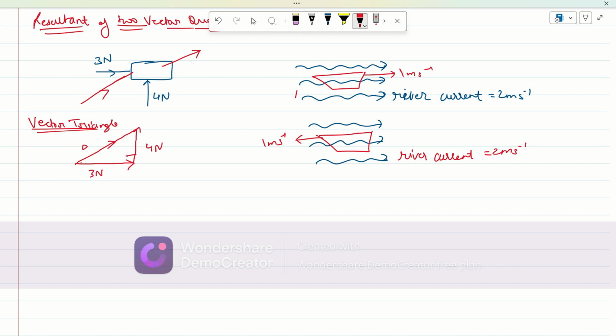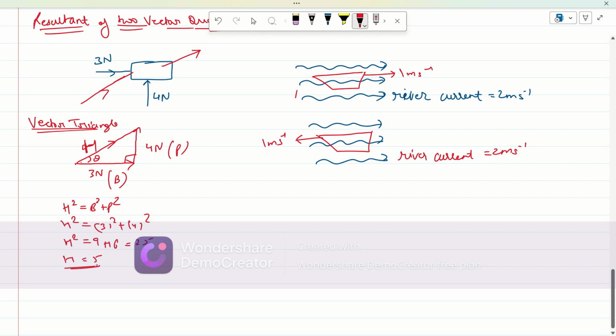You can see this is a right angle triangle, and if you take this angle as theta, this will act as the base and this will act as the perpendicular. This will be the hypotenuse. How can you find the hypotenuse? Hypotenuse squared is equal to b squared plus p squared. So h squared is equal to 3 squared plus 4 squared, h squared is equal to 9 plus 16, that is 25. h will come out to be 5. This means the resultant force acting here is 5 Newton. This will be the magnitude.